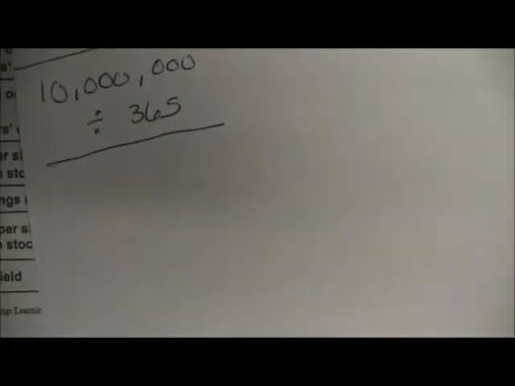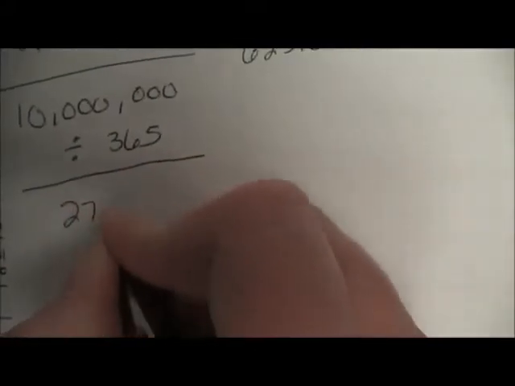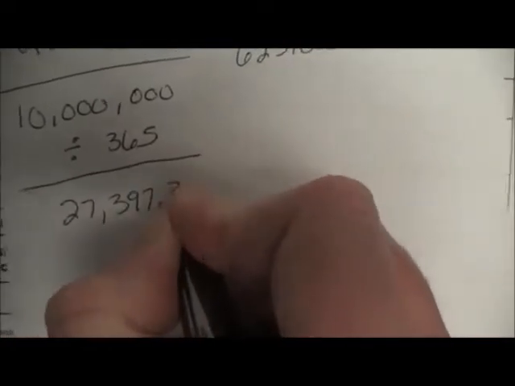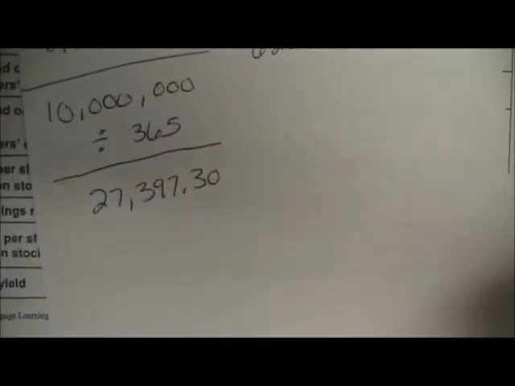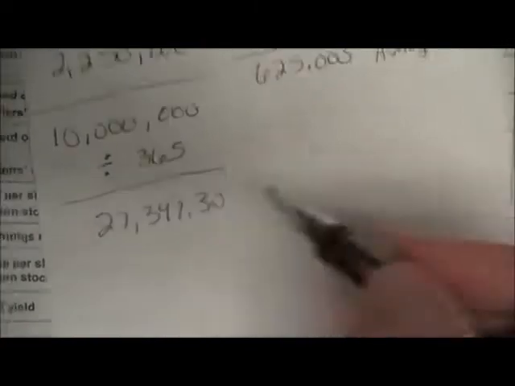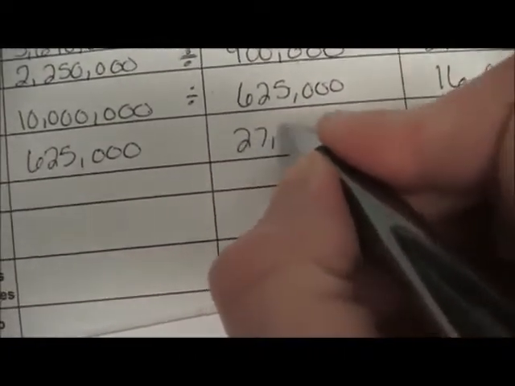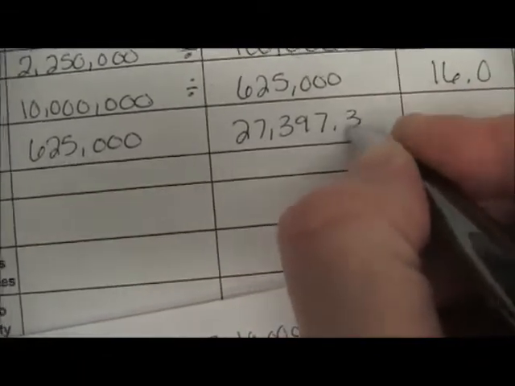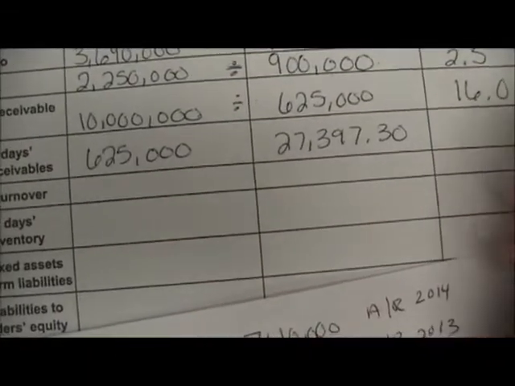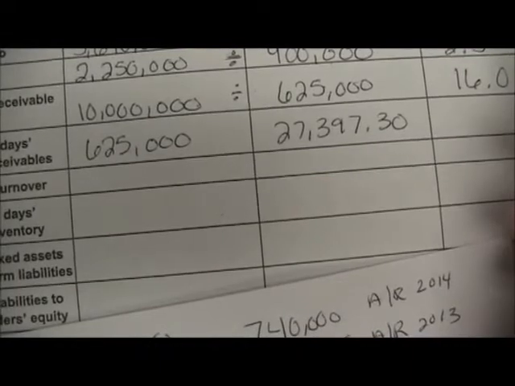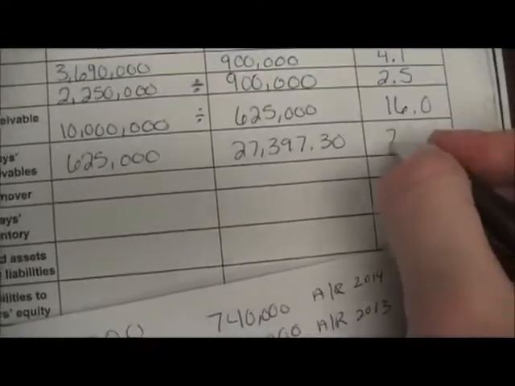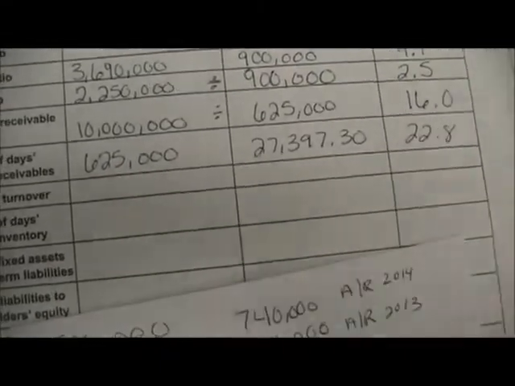And that comes out to be $27,397.30. So this gives me my daily sales. So that becomes my denominator, $27,397.30. So I'm going to divide these numbers out, and we get 22.8.